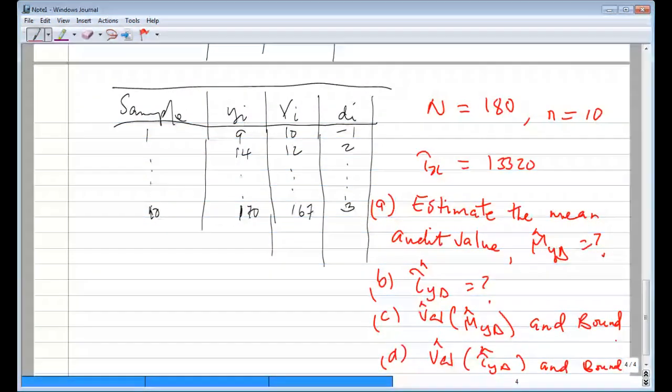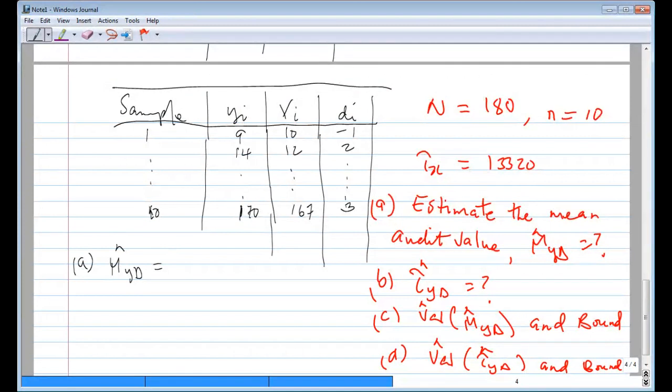Can we start now? Start with number A. We want to estimate the population mean of what? Of the audit value. Where do we start? Mu YD estimate.